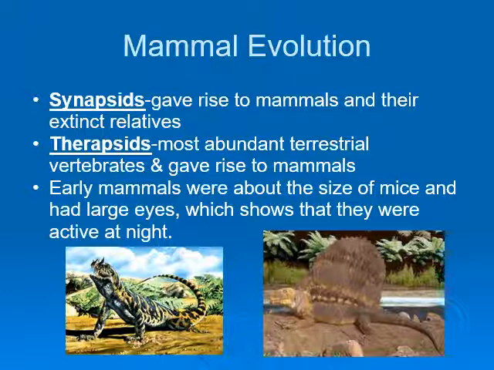So once we get to some of the smaller mammal ancestors, remember, this is a time where dinosaurs were still very, very dominant. They were the most dominant life form on Earth. They kind of ruled the earth, basically.